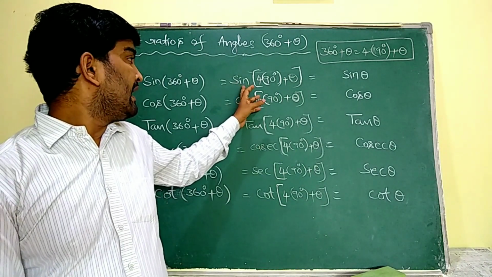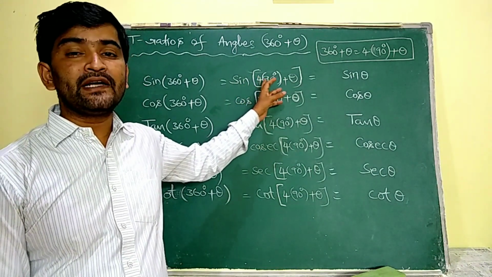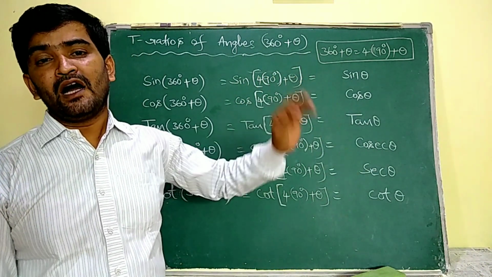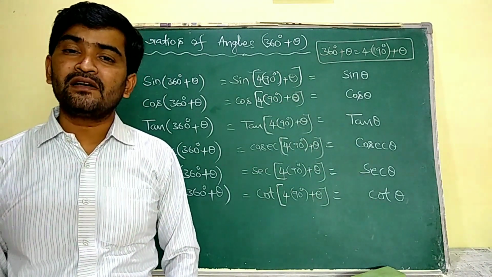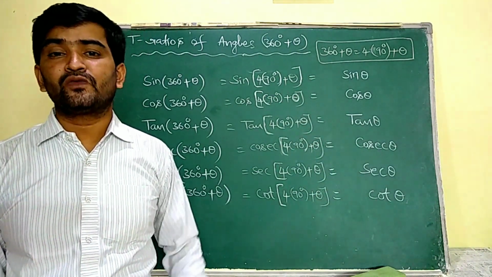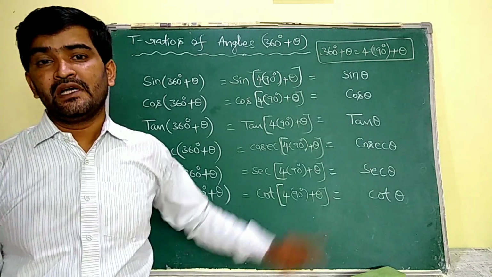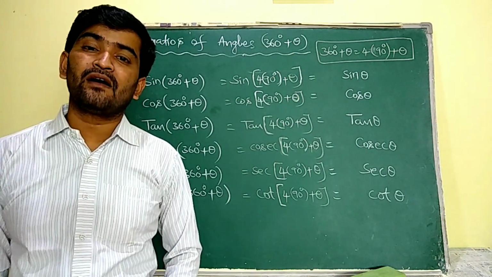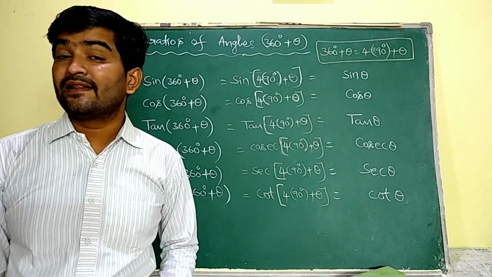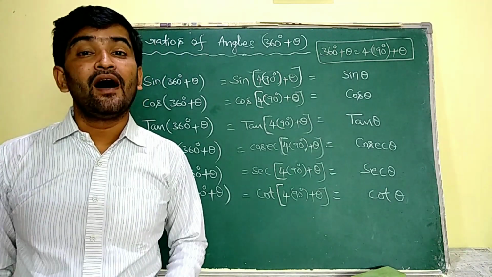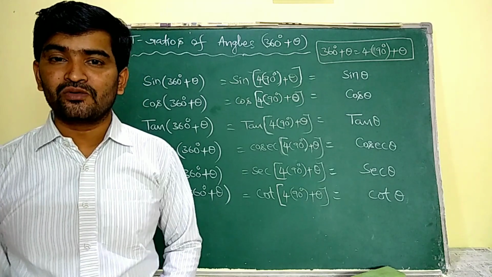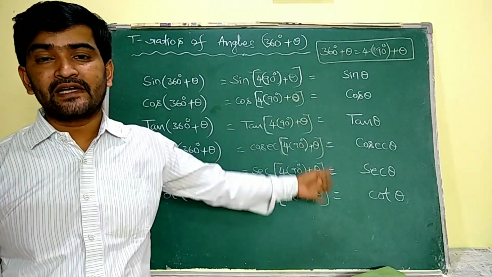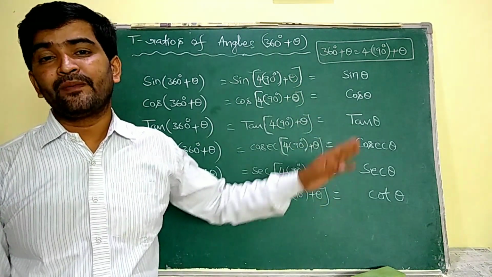Now I have to write the sign for the obtained trigonometric ratios. For that, I have to check to which quadrant the given angle belongs. This 360 plus theta, that is 4 into 90 plus theta, belongs to quadrant number 1. In quadrant number 1, we know that all the trigonometric ratios are positive. So there is no need of assigning any signs to those trigonometric ratios.